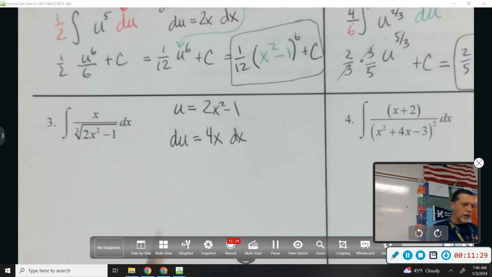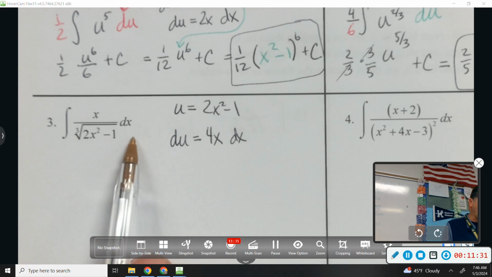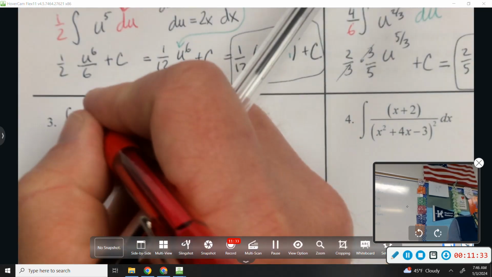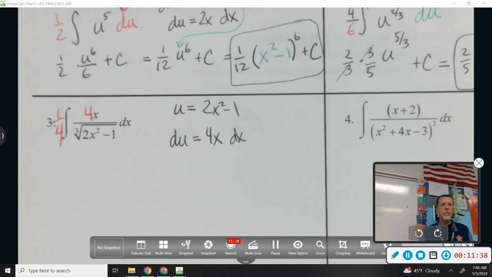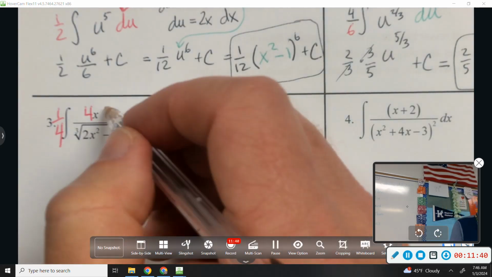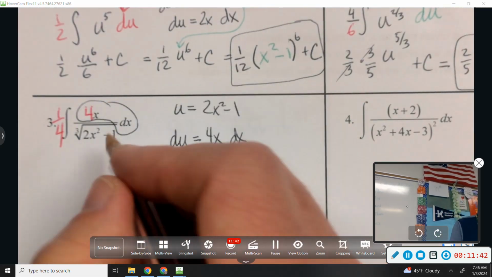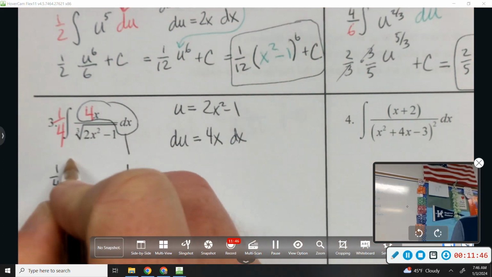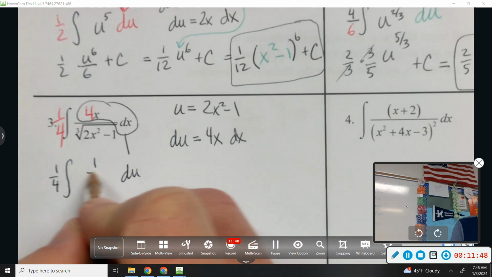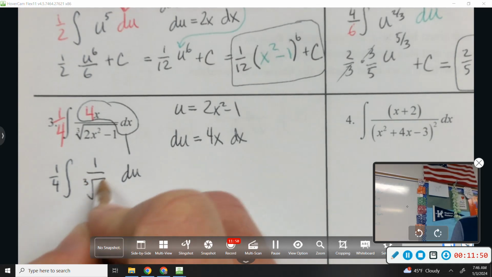Okay, so this is pretty close. I got an x dx up there. I'd like a 4 there, so I can stick a 4 there and a 1/4 out front. So 4x dx, all of that is du. Got my 1/4 out front. And then I've got 1 over the cube root of u.